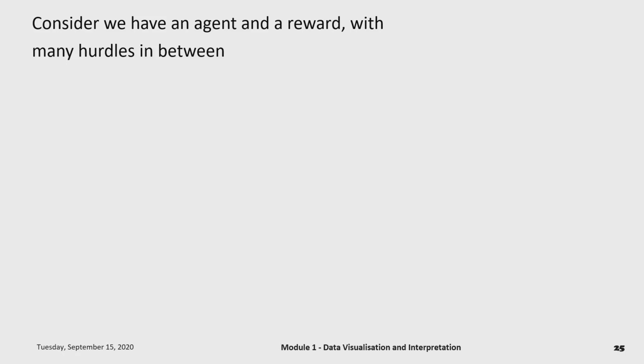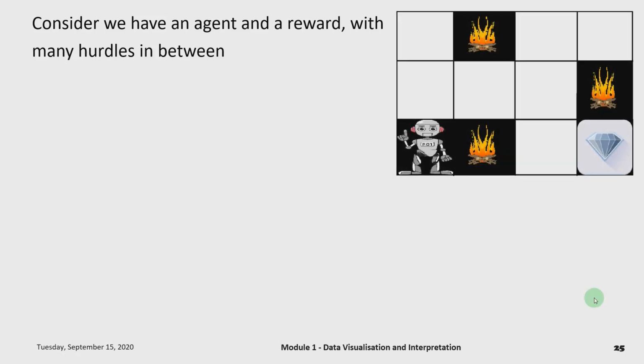So the game developer has to think of many possibilities from where a user can reach his goal, his mission. We'll see an example here. Here is our reinforcement agent, and these fires are your hurdles, and this diamond is your goal.